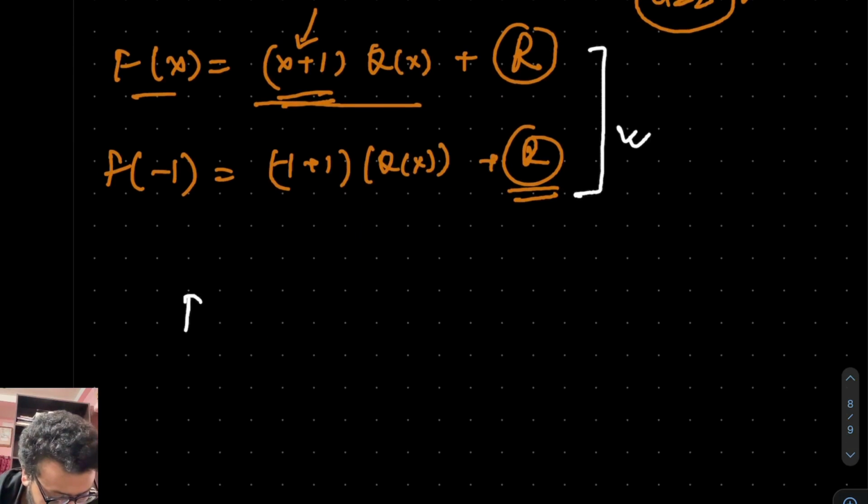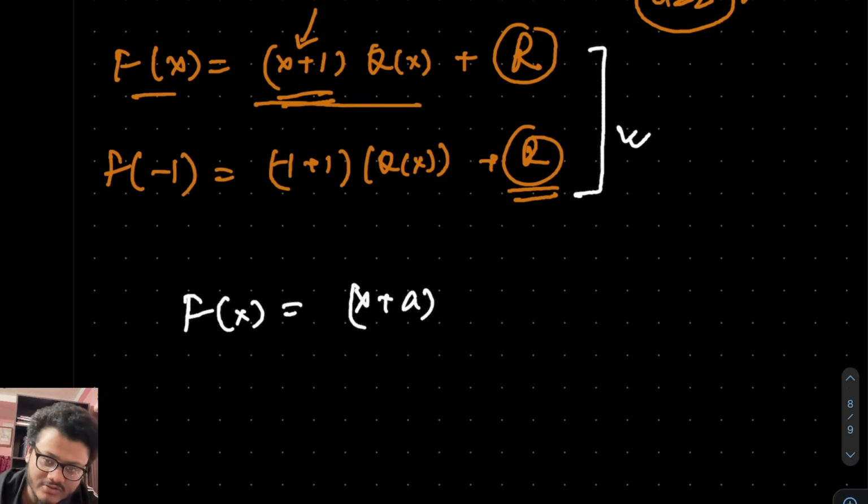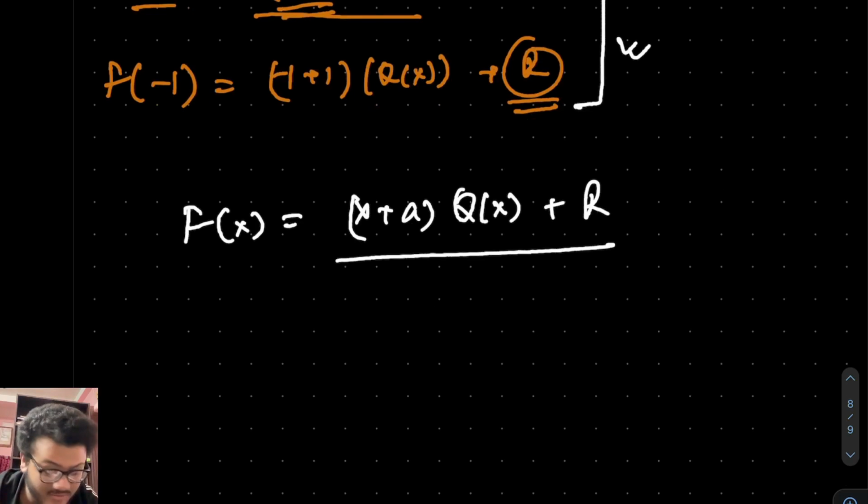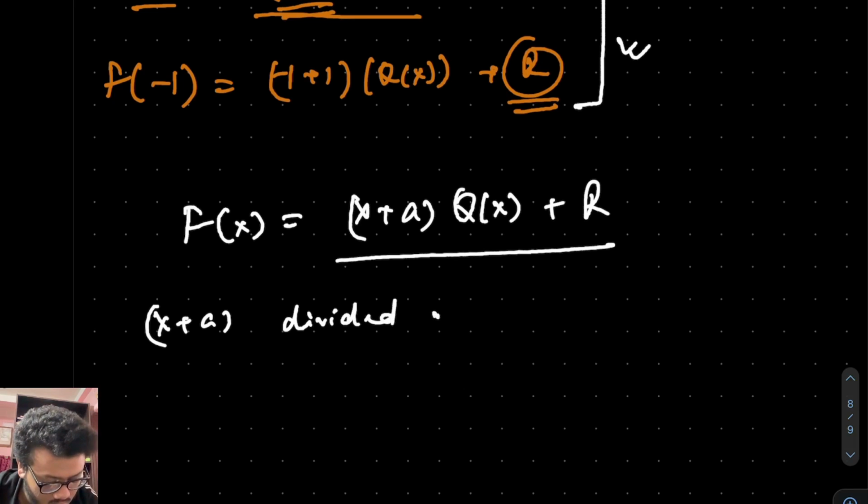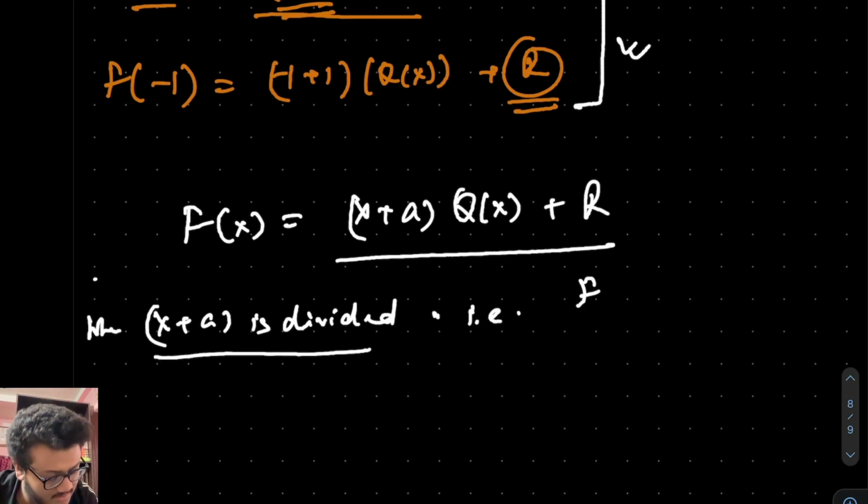Again, I am telling you that if any expression f(x) is given and you need to divide by x plus a, where a can be anything, positive or negative. If a is negative, then it is x minus a. So if you want to find the remainder when f(x) is divided by x plus a, you can just put f of minus a.